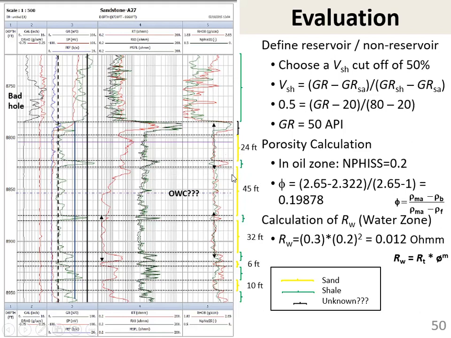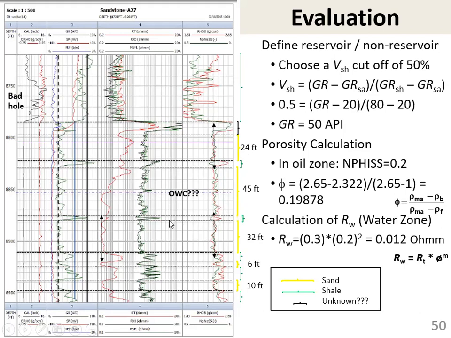If you move down, you see that the neutron trends back to the right, and this is sandstone, still within the blocky gamma ray section. Here, this is definitely sandstone.